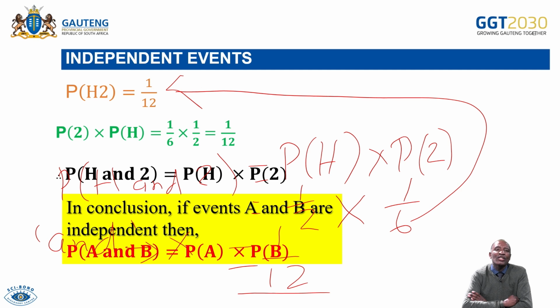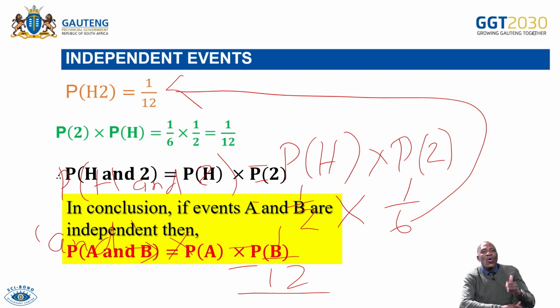So, in short, if events are independent of each other, it means they do not affect each other. They can happen simultaneously. The occurrence of one does not stop the occurrence of the other. The occurrence of one does not affect the occurrence of the other.